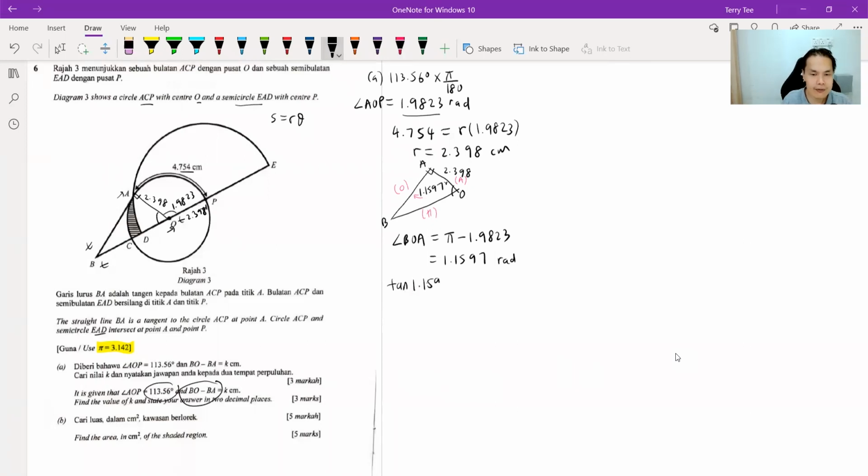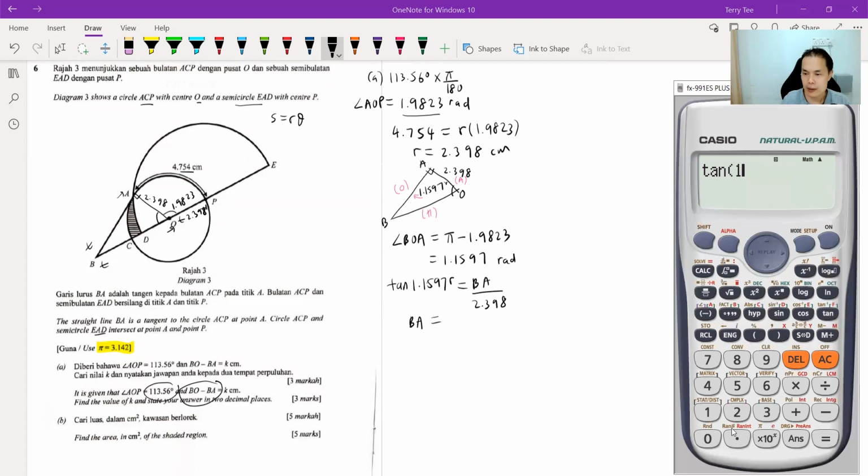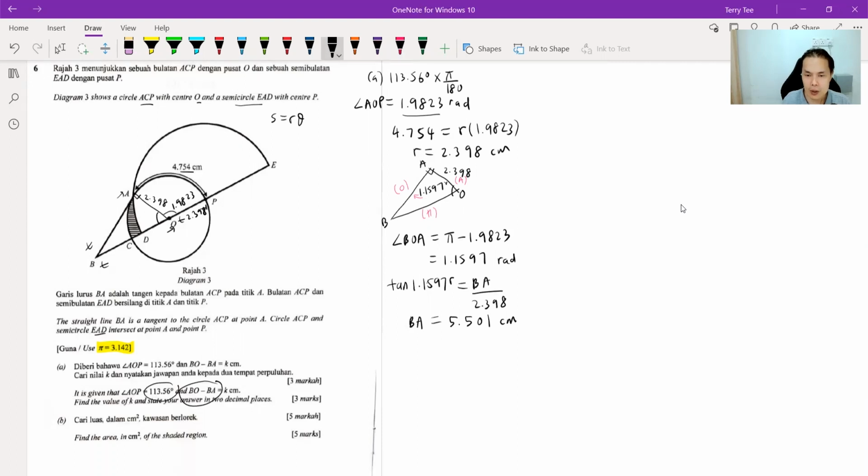Tangent 1.1597 radian is BA divided by 2.398, so multiply over. Use your calculator, tangent 1.1597, please change to radian mode, multiply with 2.398. My BA is 5.501. That is the length of BA.